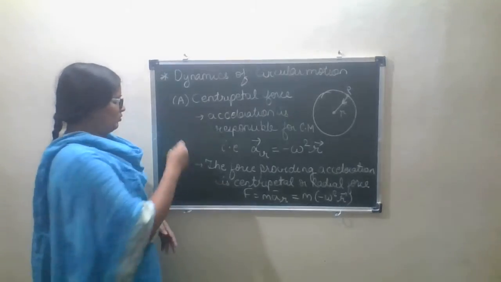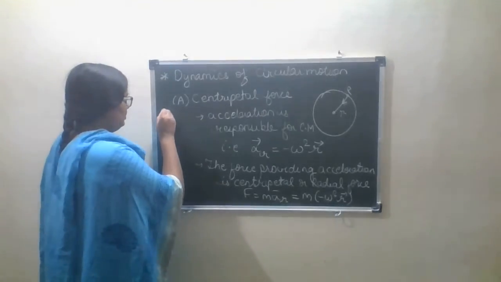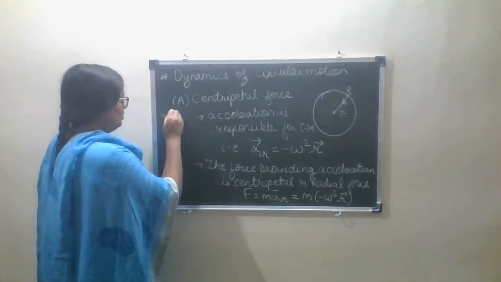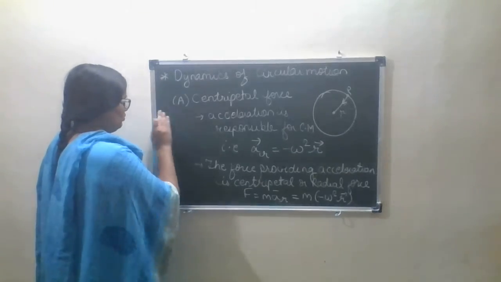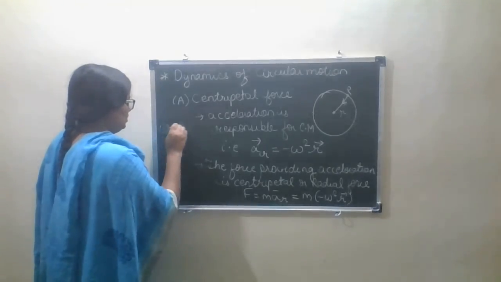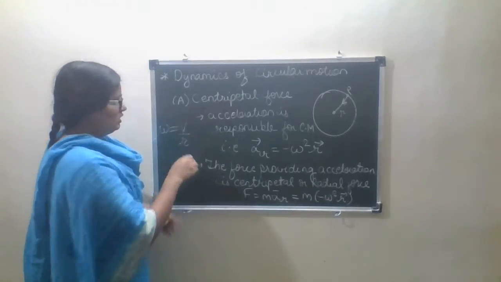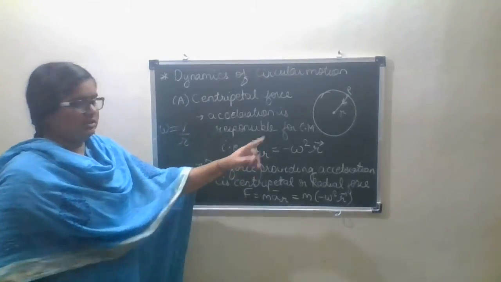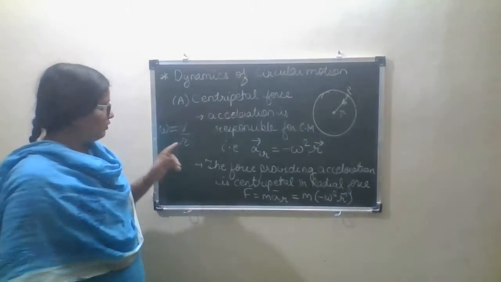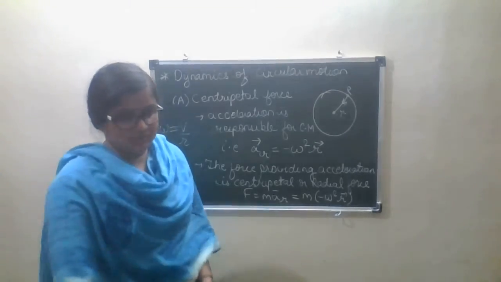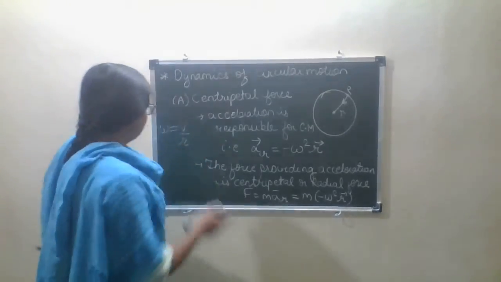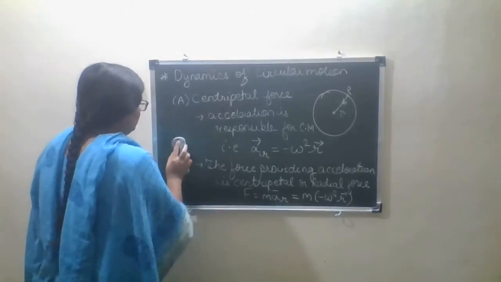We know from the relation that v equals omega r, so omega is v upon r. After substituting this, we have got the equation, which we have also seen.